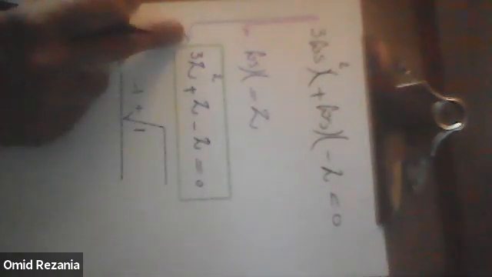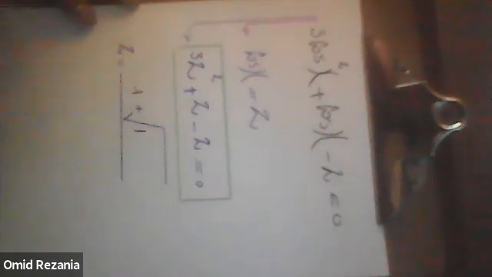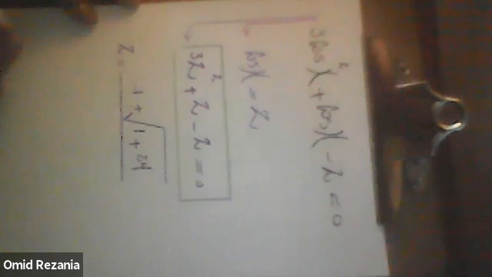That becomes 4 times 3 times 2, which is 24, and minus minus becomes plus 24, divided by, guys, divided by what?